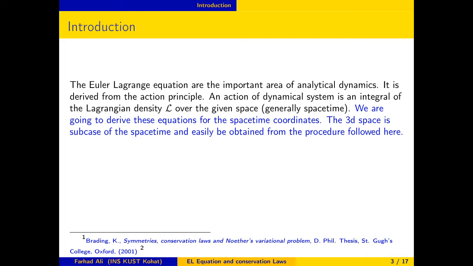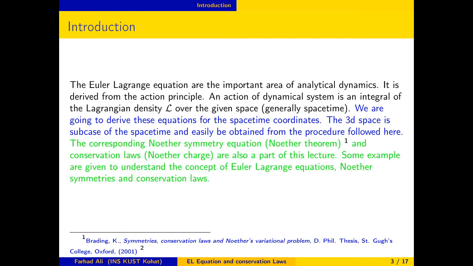So basically in this talk we will derive the Euler Lagrange equation, conservation laws, and Noether symmetry equation. Noether symmetry is connected with the conservation law. For each Noether symmetry there is a conservation law.